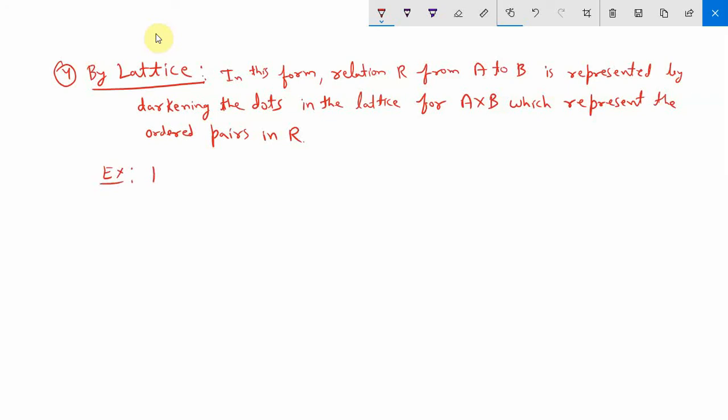Okay, so if we consider an example, if relation R is equal to (-3, 9), (-2, 4), (-1, 1), (0, 0), (1, 1), (2, 4) and (3, 9), so A squared equals B, that is the relation.